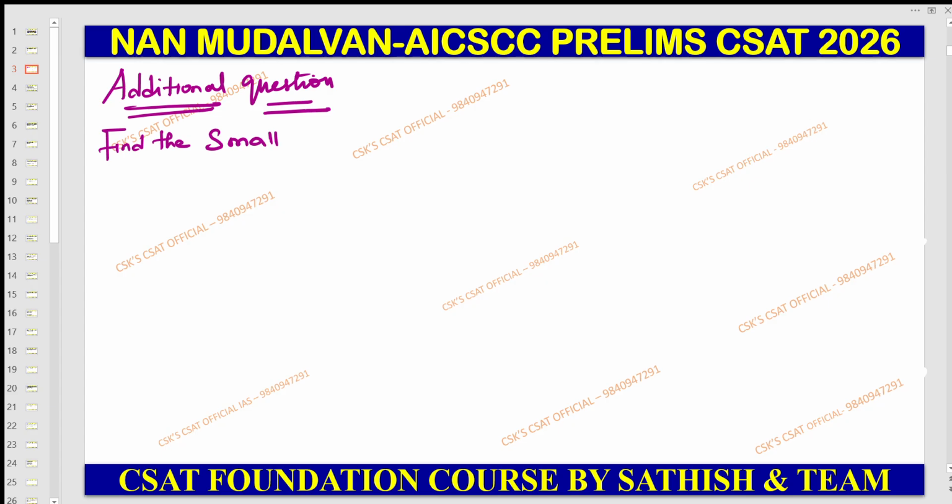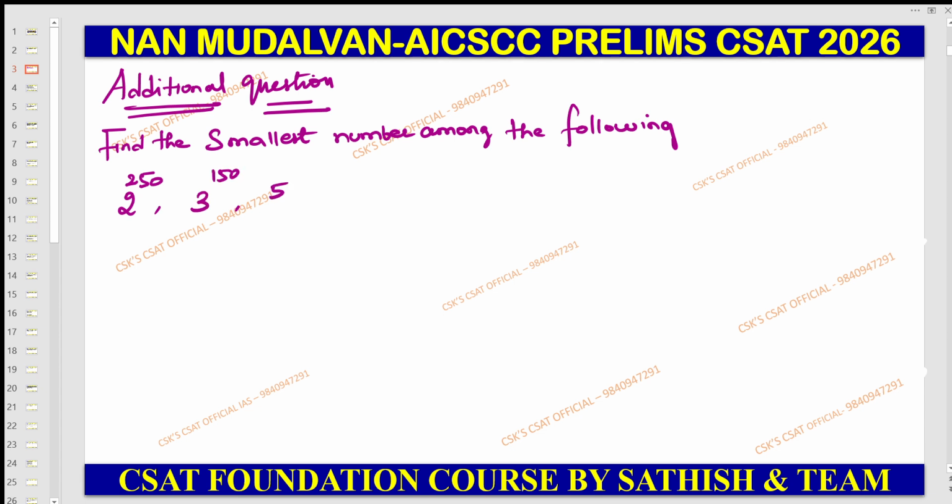Find the smallest number among the following: 2 power 250, 3 power 150, 5 power 100, 4 power 200. Let's keep this as option A, this as option B, this as option C, and so on.